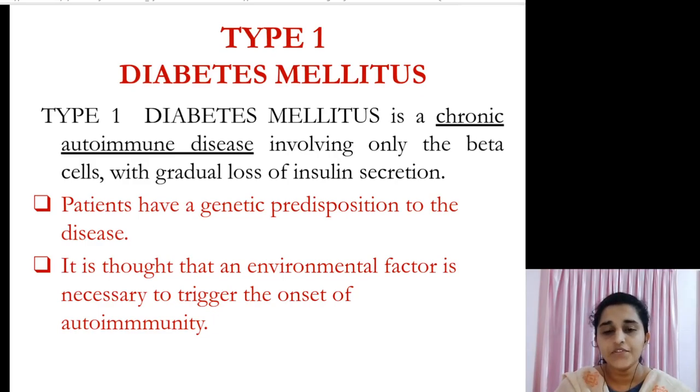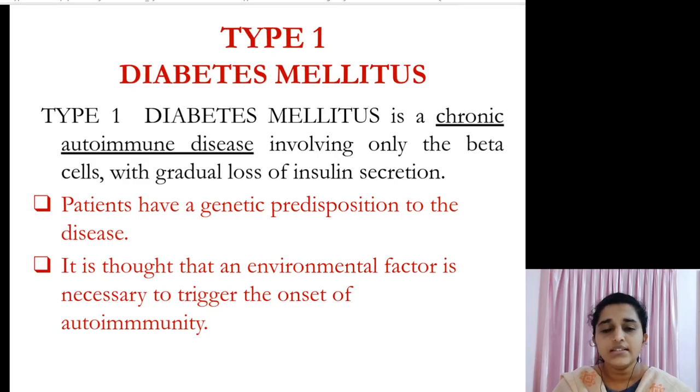We have to keep in mind two things. In type 1 diabetes mellitus, children have a genetic predisposition to the disease.